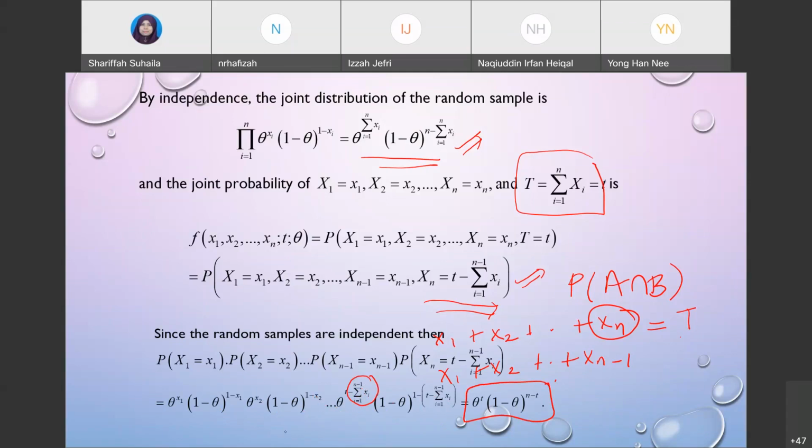Sebab last term kita akan ada theta to the power xn minus 1, (1 minus theta) to the power 1 minus xn minus 1. So ini semua kamu dah total up, so it's cancelled by this one. Kita ada 1 minus x1, so kita ada n terms. Itu pun kita dah cancel, so yang tinggal adalah theta to the power t, (1 minus theta) to the power n minus t.